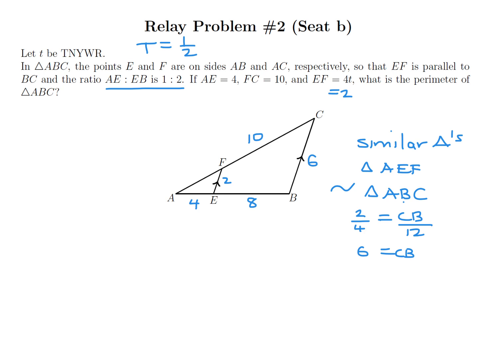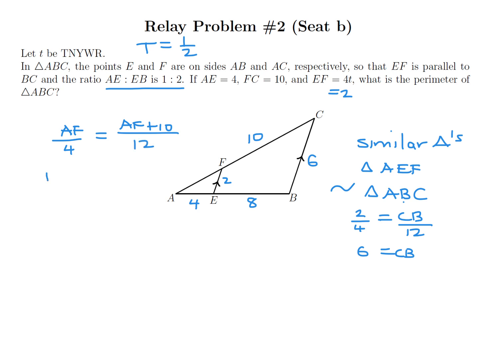And then over on this side, AF, I need AF to calculate the perimeter, right? So what can I use? Again, I can use the same triangles, AEF and the big guy. So AF over AE, which is 4, would be the same as AC, which is basically AF plus 10, over 12.